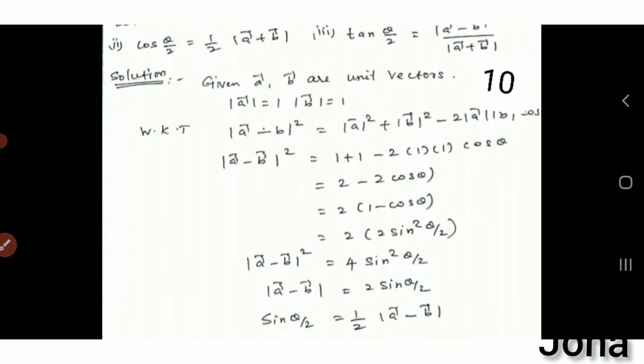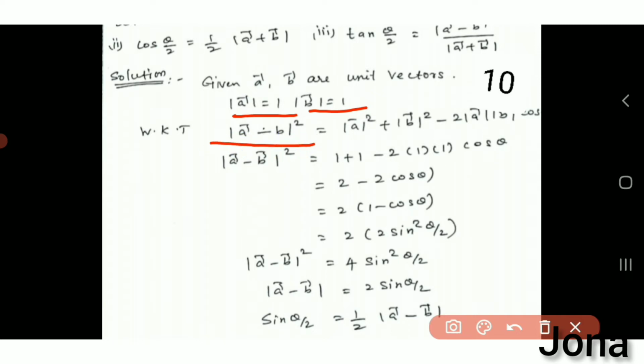Here A vector and B vector are unit vectors, so modulus of A vector is 1 and modulus of B vector is also 1. Then we take modulus of A vector minus B vector the whole square, and expand by the formula (A minus B) whole square: A square plus B square minus 2 A dot B. That A dot B formula is modulus of A into modulus of B into cos theta.